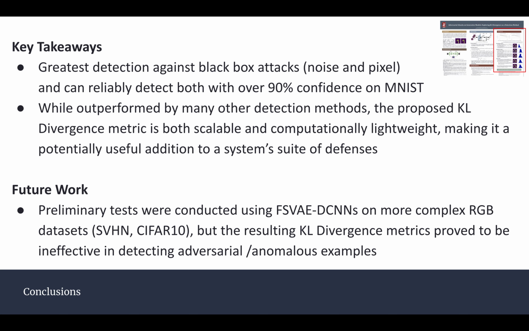Future work is going to be looking at more complex datasets, such as SVHN and CIFAR10, using more complex models. I ran a lot of preliminary tests using deep convolutional neural networks, but unfortunately the resulting KL divergence metrics using the proposed protocol were ineffective in detecting adversarial and anomalous examples.